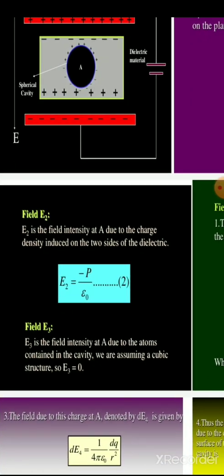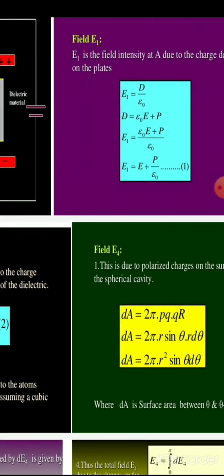Between the parallel plates there is vacuum, so we have taken epsilon naught. Naught represents that it belongs to vacuum. D equals epsilon E in a medium, and D equals epsilon naught E plus P in vacuum. So E1 equals E plus P by epsilon naught, where P means the charge density.